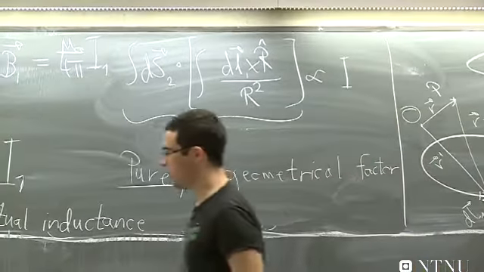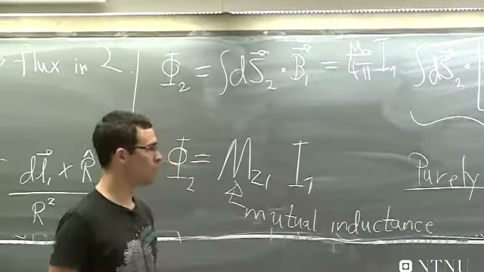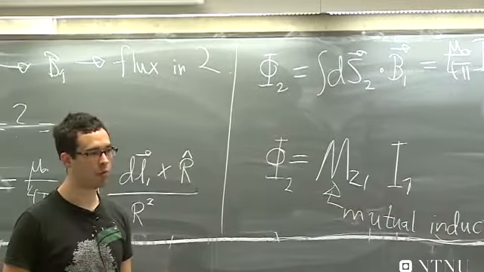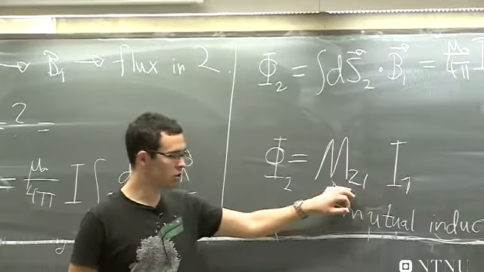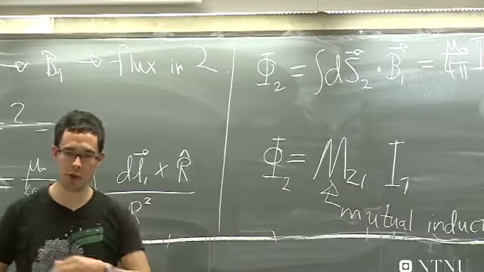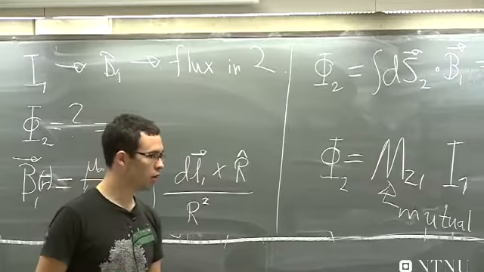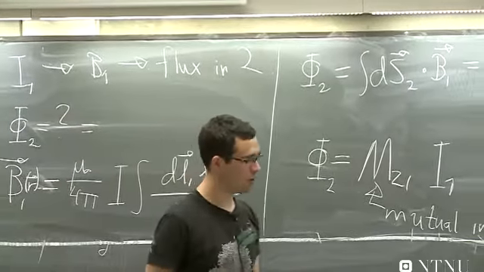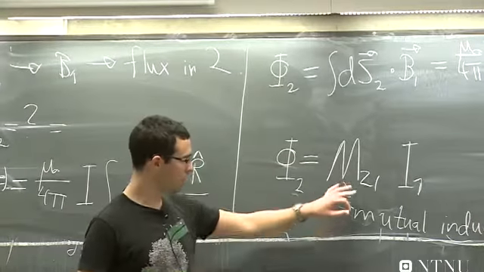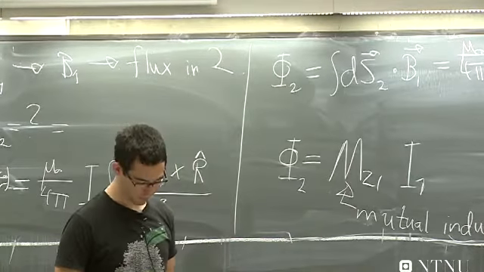So it's a purely geometrical factor, and well, there's always a mu or a pi floating around, but those are constants. So this is just some geometrical factor saying where I put my loops, and what their size, their angles, and so on are. All of this is put into the M factor.